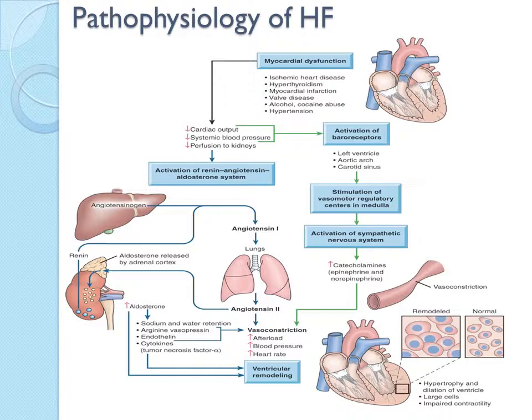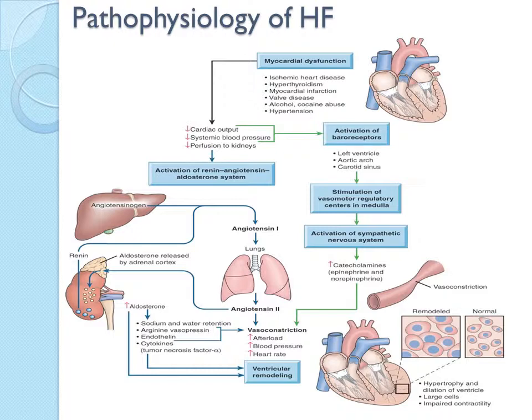The decreased ventricular stretch is sensed by baroreceptors, sensors in blood vessels that respond to perfusion pressure of blood flow in the aortic and carotid bodies. The sympathetic nervous system is then stimulated to release epinephrine and norepinephrine.